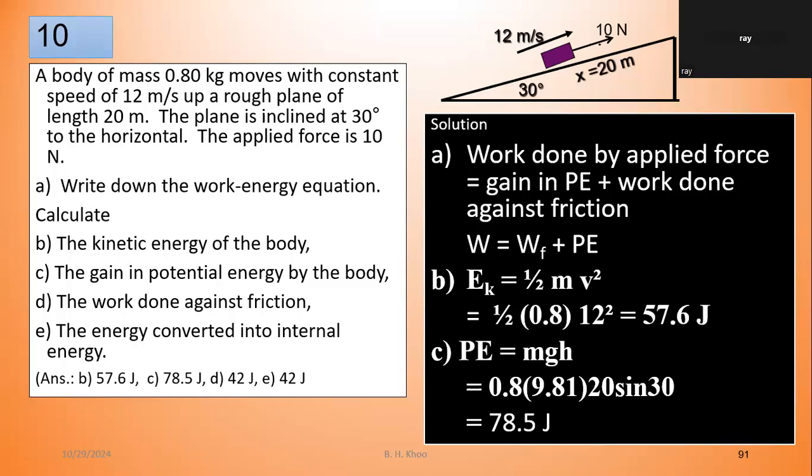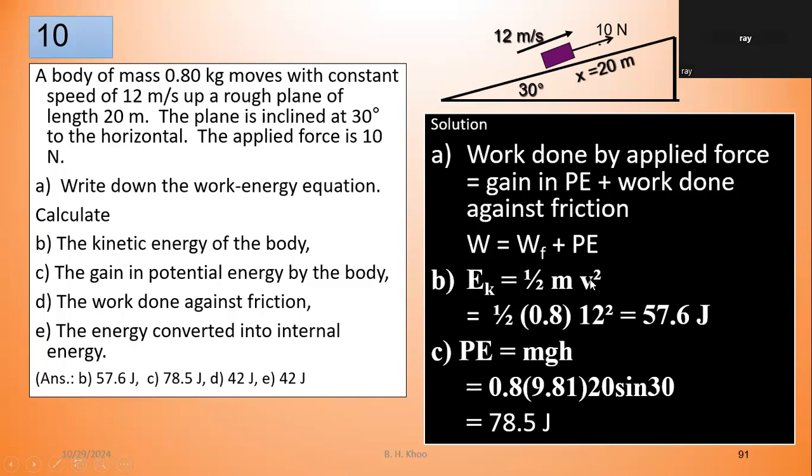Well, you can just straight away use 12 square, only for the velocity. The initial speed is 12. So that's why we use 12 square here.